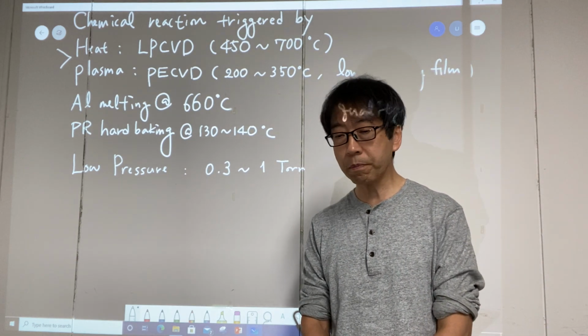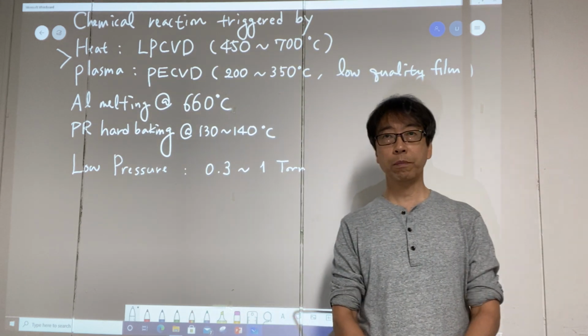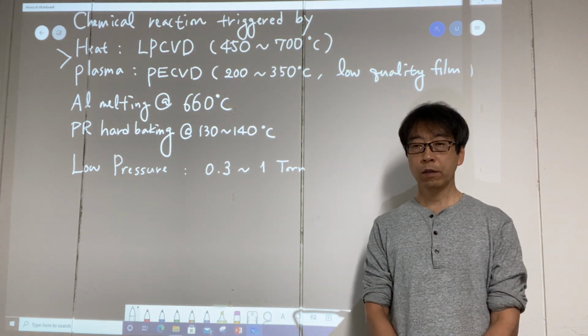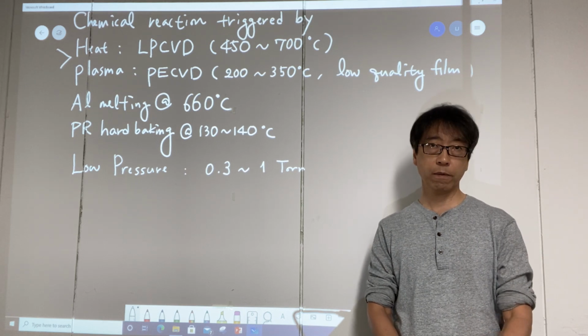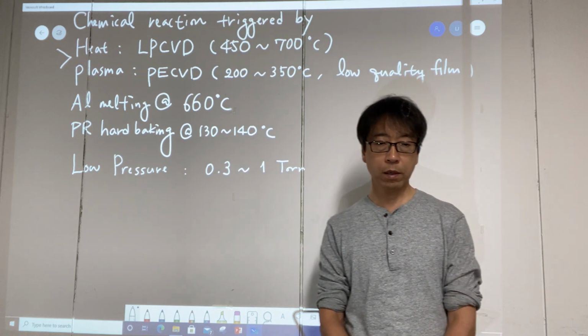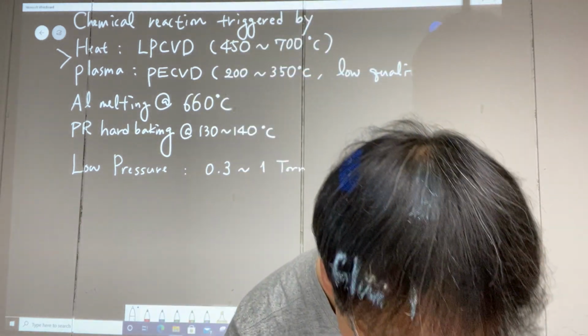But in this particular case, we can just go down to below 1 torr, which is not very difficult. We can achieve such a vacuum by just a mechanical vacuum pump. Otherwise, we need to use very special vacuum equipment.